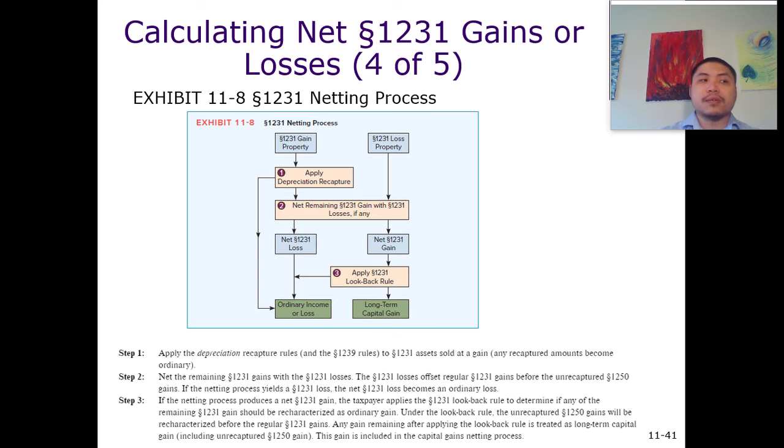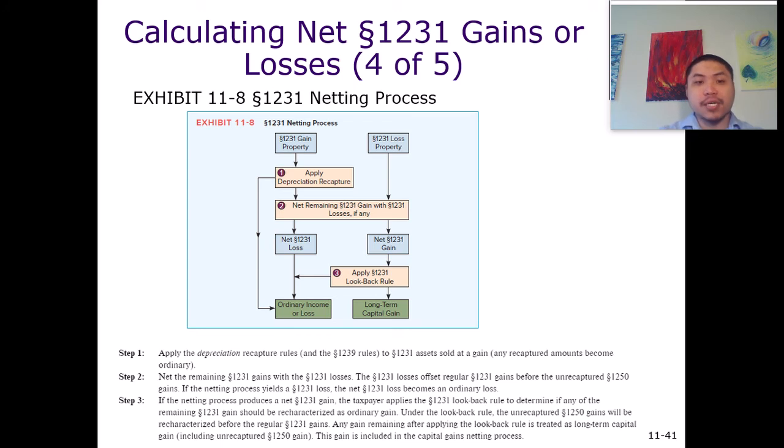But the tax law doesn't allow us to treat them individually or separately. We have to net them, right? You guys remember how we net the capital assets, right? How we net the long-term capital gain and long-term capital loss, and then short-term capital gain and short-term capital loss, and then at the end we net both of them together, right?